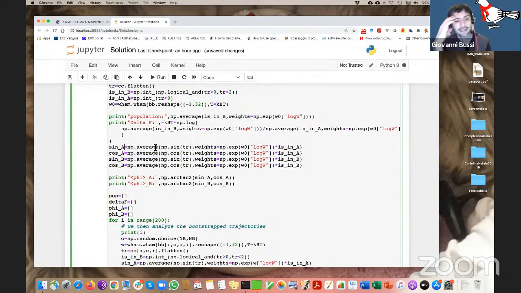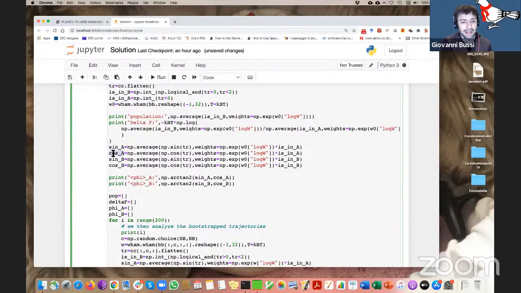So this is the average value of the sine, the average value of the cosine, and then the ratio between these two numbers should be set equal to the tangent of the average angle. So the standard way to do circular means is to take the arctangent of the ratio between these two numbers.